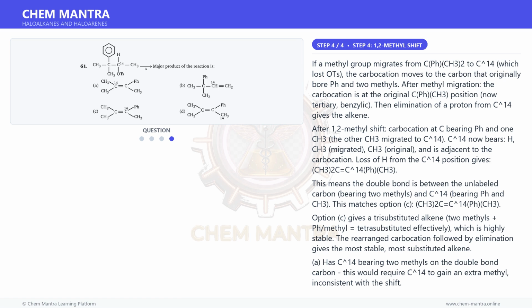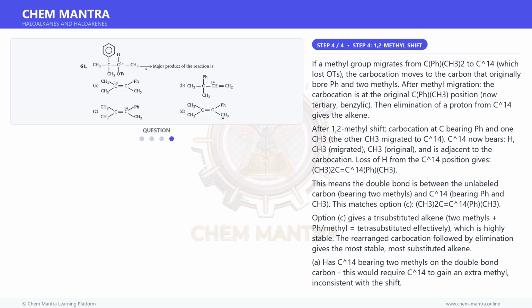After the 1,2-methyl shift, the carbocation is at the carbon bearing Ph and 1 CH3, the other CH3 having migrated to C14. C14 now bears H, CH3 migrated, CH3 original, and is adjacent to the carbocation.